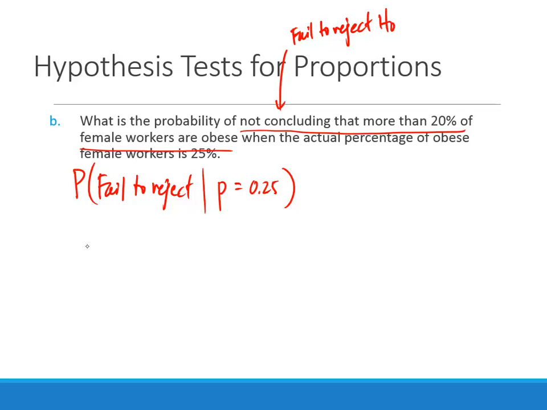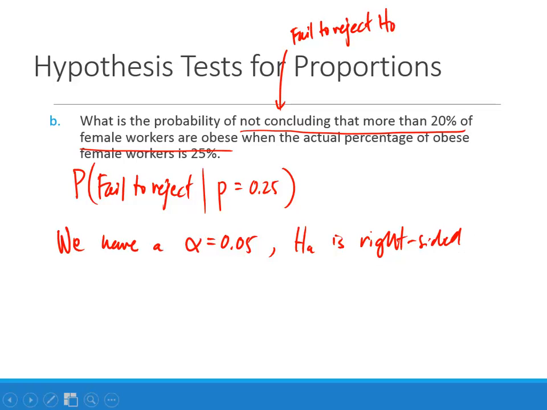Okay, so we have a significance level of alpha equals 0.05, and the alternative hypothesis HA is a right-sided hypothesis. So I only care about greater than. I don't care about less than or not equal to.